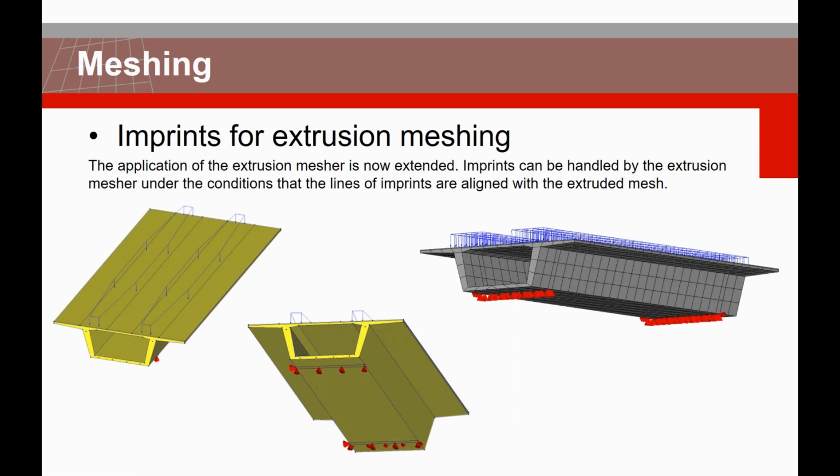Also for extrusion mesh, the imprints of the position of the load are now part of the process, and when you make the mesh, those imprints are part of the loading process, so you don't need to worry anymore when you are incorporating different types of loadings, specifically with the position of the imprints on the extruded shapes.